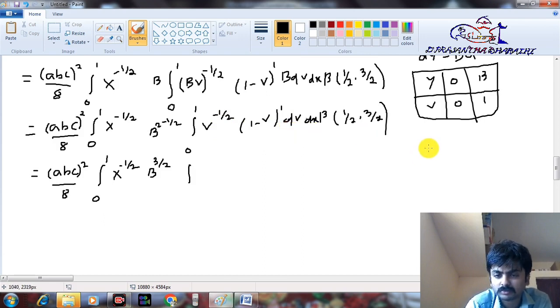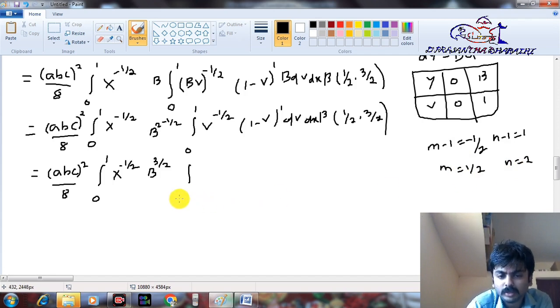Okay, that is m minus 1 equal to minus 1 by 2 and n minus 1 equal to 1. So m equal to 1 minus 1 by 2 is 1 by 2, n equal to 2.